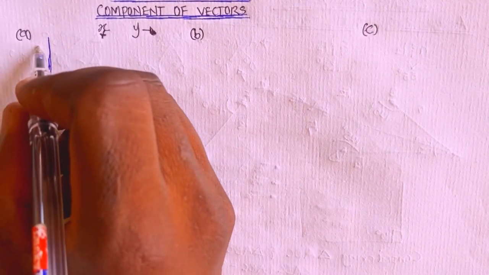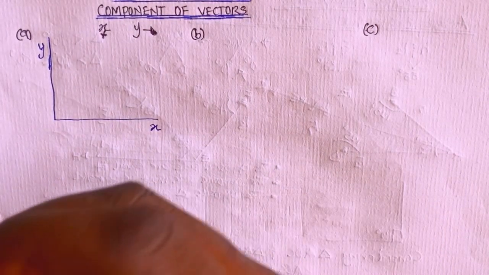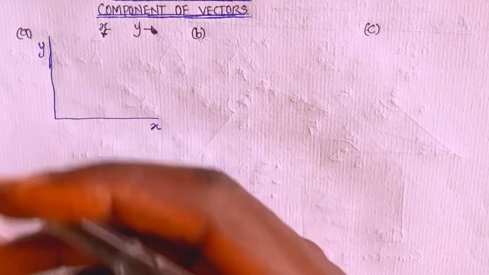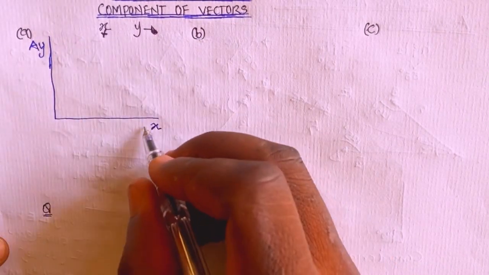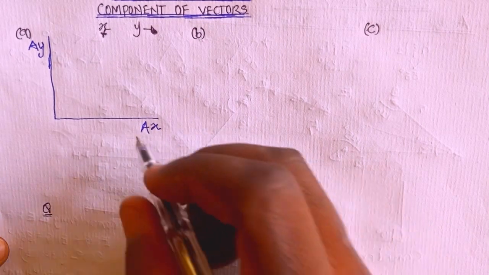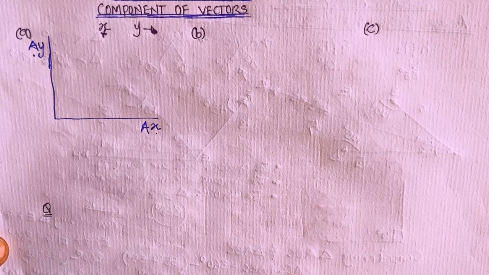And this side is taken to be the what? Y-axis. But let's say vector A is acting in this process. Here I will have AY, and here I will have what? AX. AX represents the x component, while AY represents the y component of a vector, right?